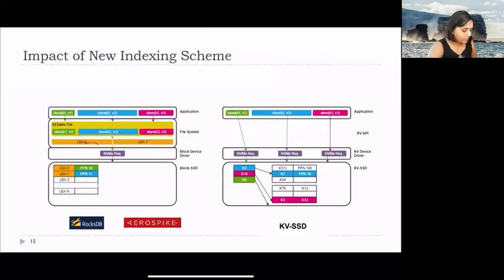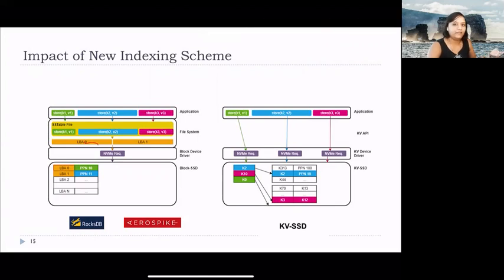Now, as we know, KVSSD is supposed to manage the indexing of the data, all the tasks related to managing this index of the data inside the device. And with this operation comes flexibility. There are different ways in which we could index the data. Also, popularly used key value stores use different indexes.